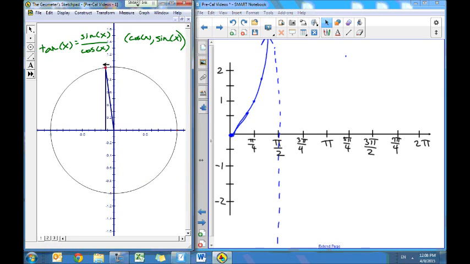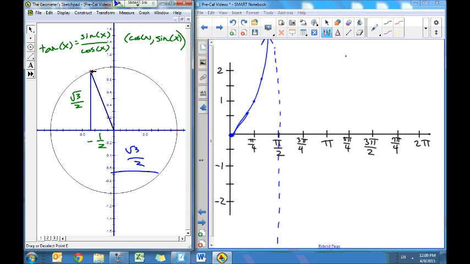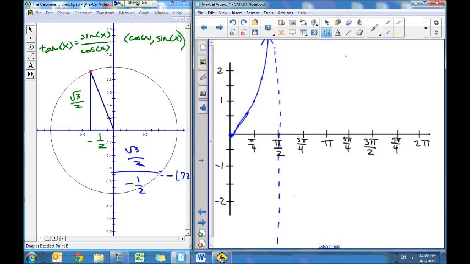And now I'm on this side at 2 pi thirds. And this will be a positive root 3 over 2 and a negative 1/2. Okay, so I have negative x values. And so dividing root 3 over 2 by negative 1/2, I get a negative 1.73. So now I'm down here, negative 1.73, right about here.